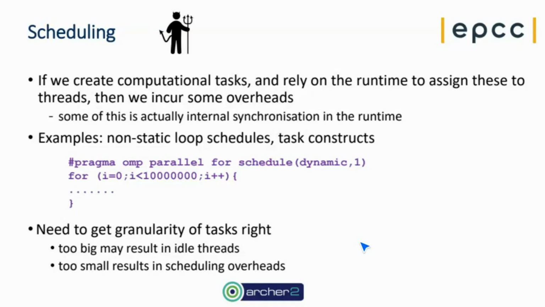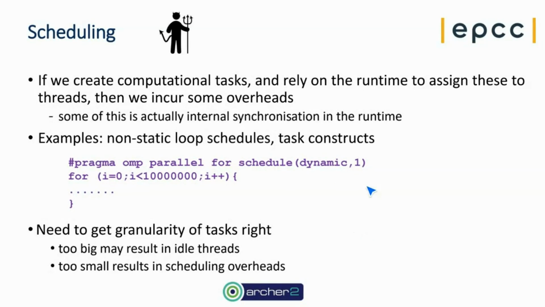On the other hand, if we have lots of tiny tasks, then we will tend to drown in the overheads of creating and scheduling them. So there's usually some optimal value for the size of the tasks. Hopefully, there's a reasonable range of optimal values where it works well. But we need to think about that.